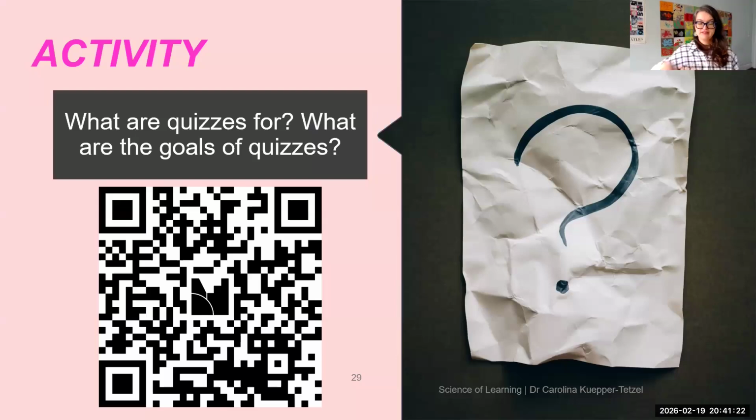Again, you can scan this in and then you can tell me what you think. What do you use quizzes for?